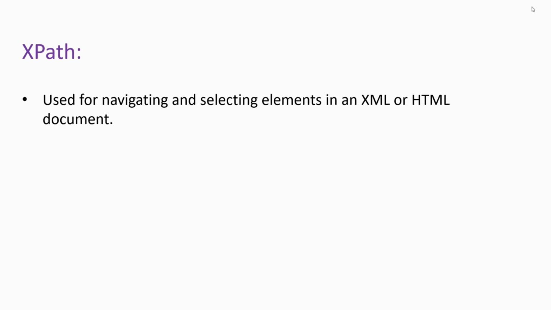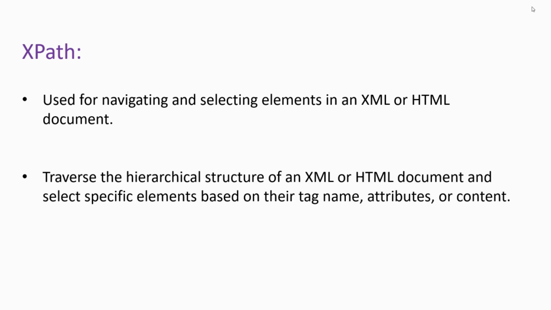It means we can traverse the hierarchical structure of the XML documents and select a specific element based on the tag name, attribute name, or the content of it. Alright, we can traverse the hierarchical structure of this HTML or XML document, and based on the tag name or attribute name, you can select the elements.